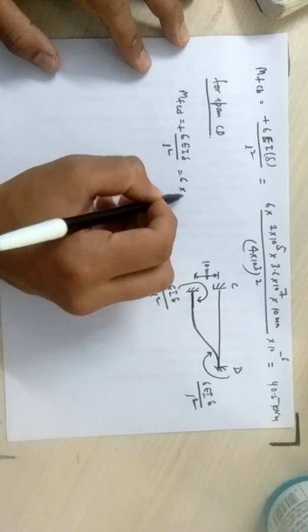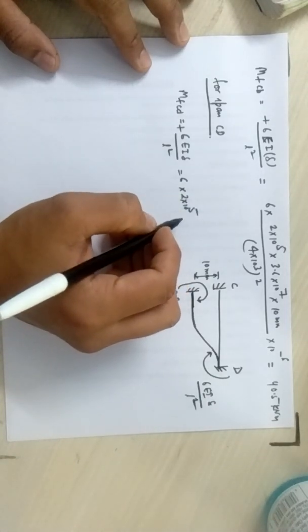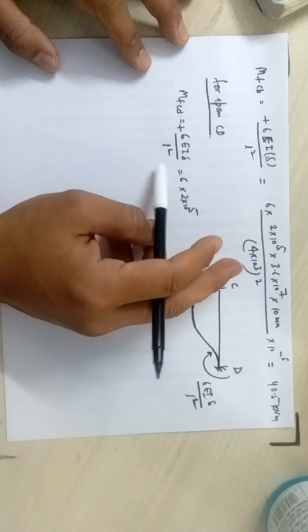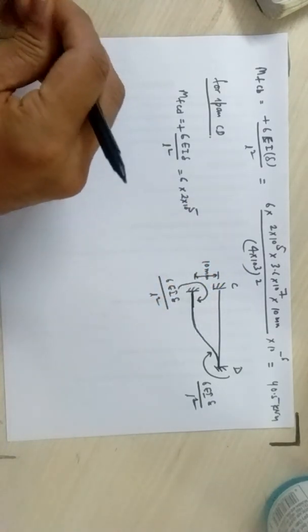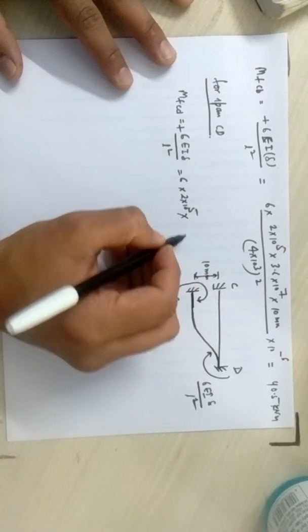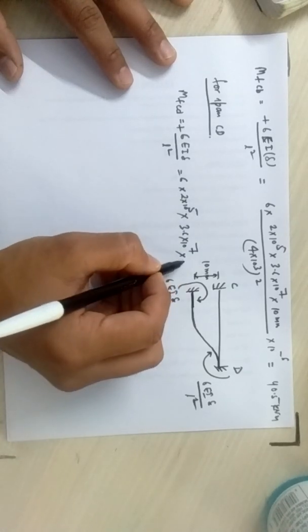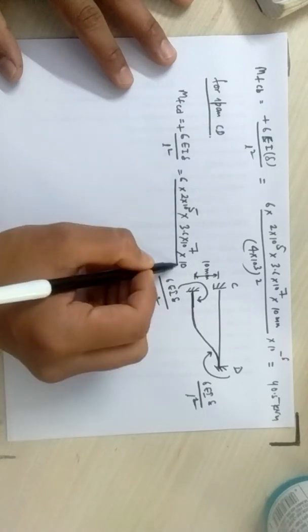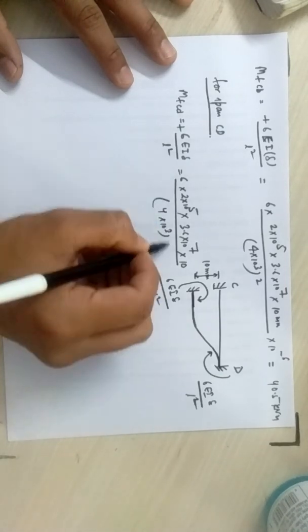So 6, 2 into 10 to the power 5, into 3.6 into 10 to the power 7, into 10 mm, upon 4 into 10 to the power 3 whole square.